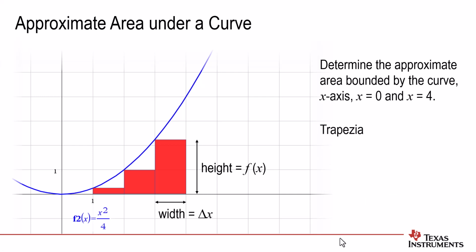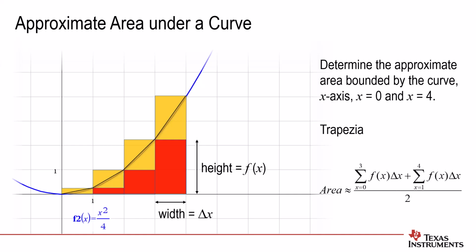We could use trapezia, a series of trapeziums. So the yellow area, sitting kind of in the background, was our right bound. Then the red columns represent the left bound. If we averaged those two results geometrically, we actually get a series of trapeziums, or plural trapezia. So we can just average the two calculations that we did before.